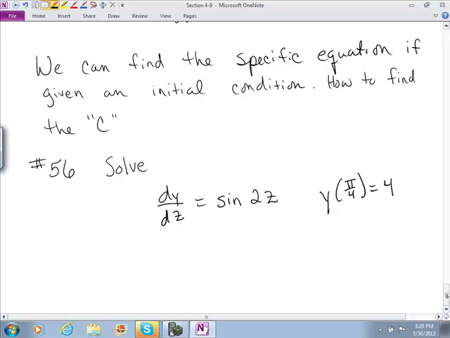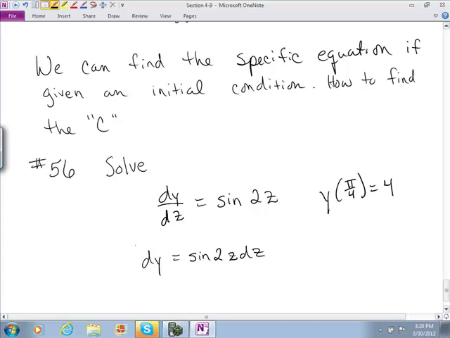All right? So it's almost like you cross multiply here, but it's not exactly what you're doing, but you can kind of think of this as saying to yourself, okay, well, dy is equal to sine 2z dz.